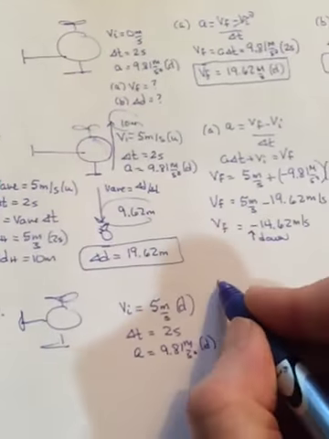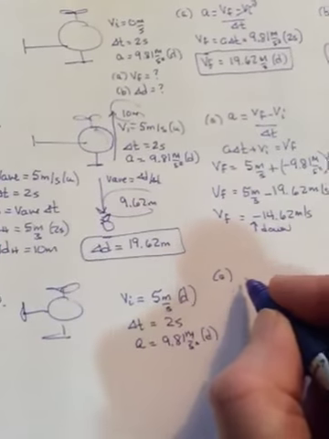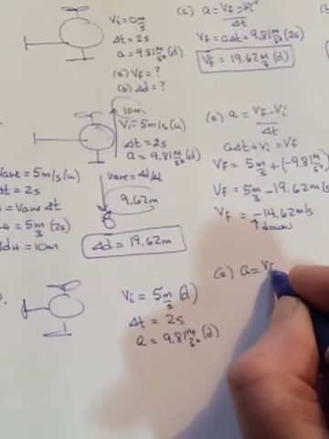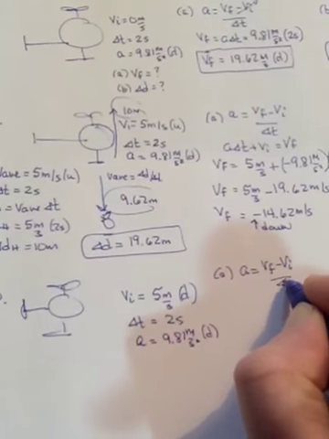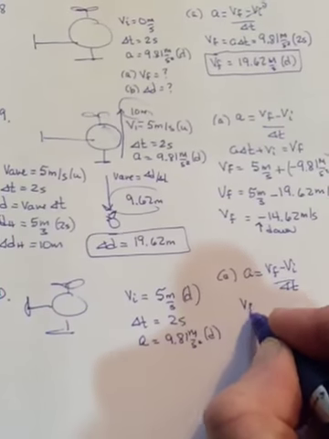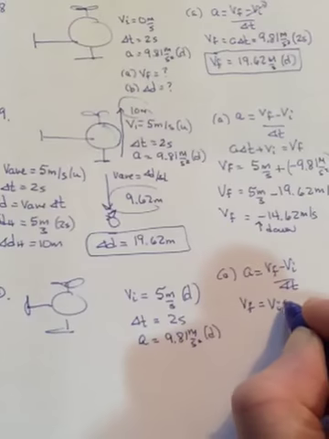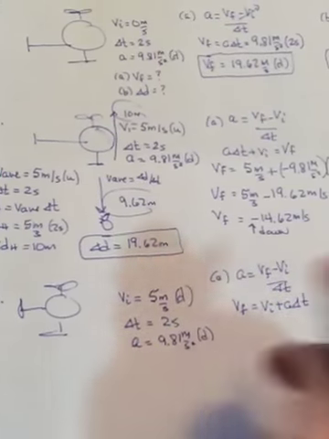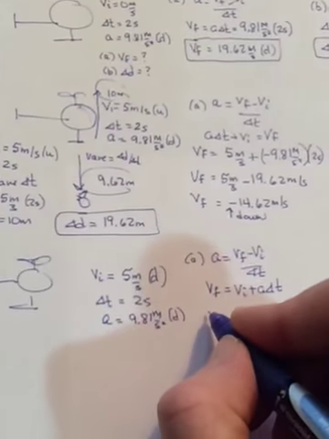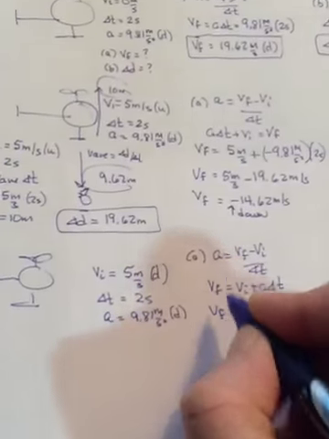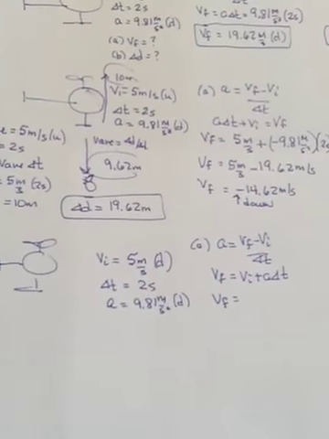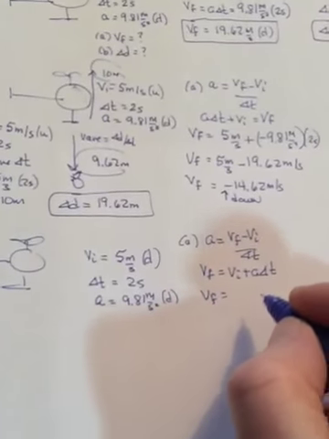So in part A, we want v_f again. So a equals v_f minus v_i over delta t. Rearranging like we did last time, v_f is equal to v_i plus a delta t. This time everything is going down, so we don't have to call down negative.